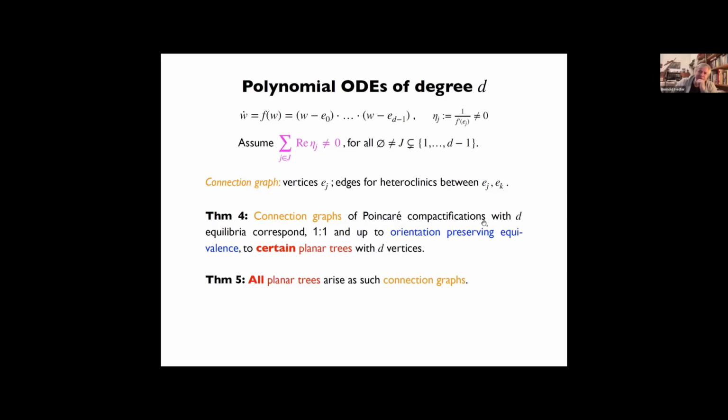And I have to assume, in magenta, third line, counting the headline: assume the sum of real eta_j non-zero. It's below the equation here, yeah. So this assumption excludes Hopf centers. It is not allowed a purely imaginary eta_j or F prime at an equilibrium.